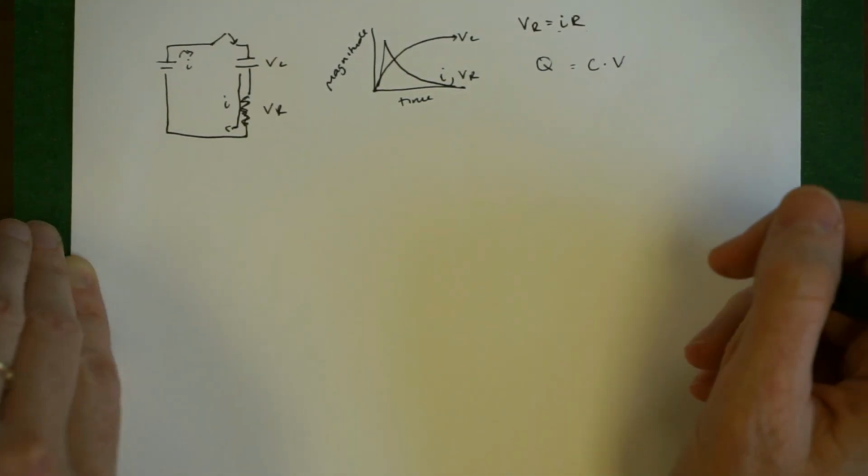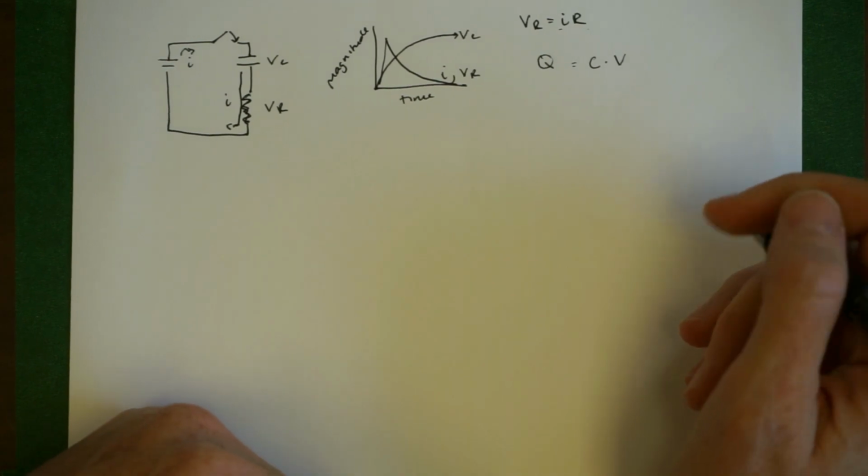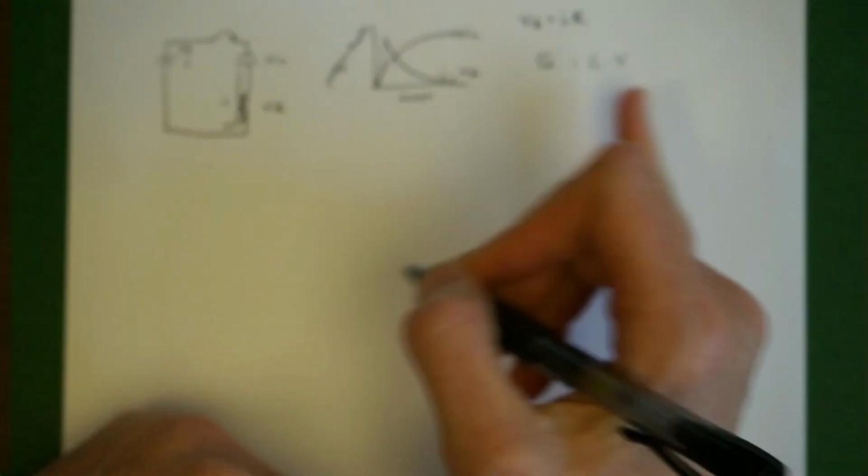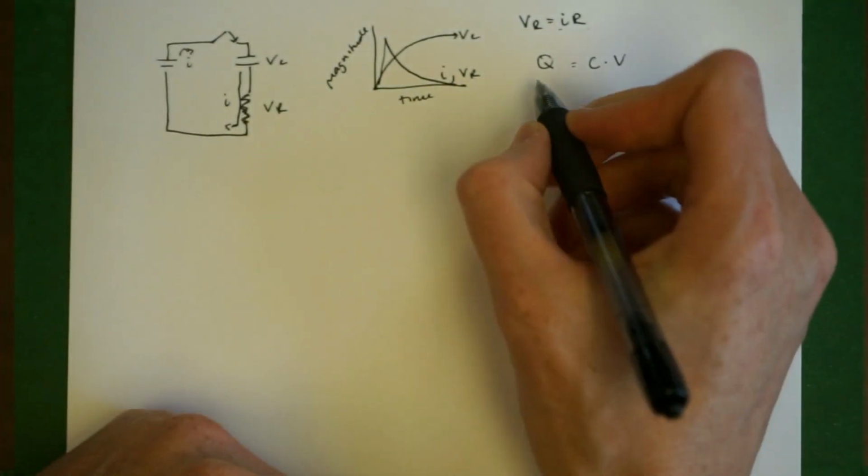Now we're going to look at the time dependence of the charge on the capacitor as a function of time. So to do that, we're going to take the derivative of both sides of this equation with respect to time.